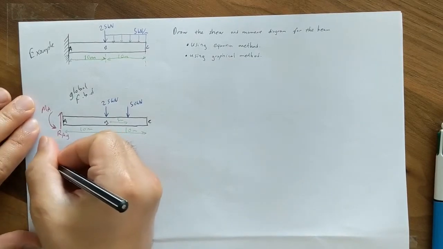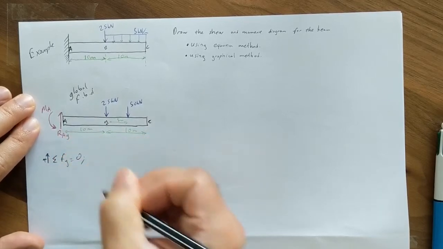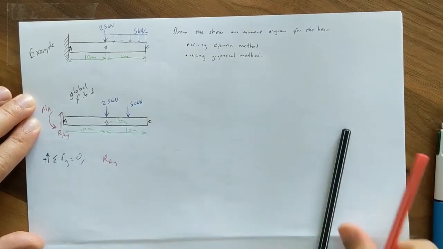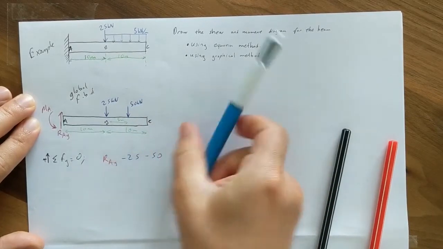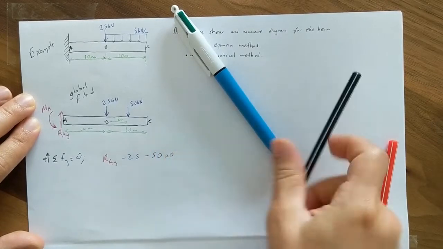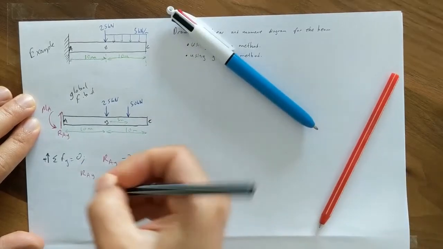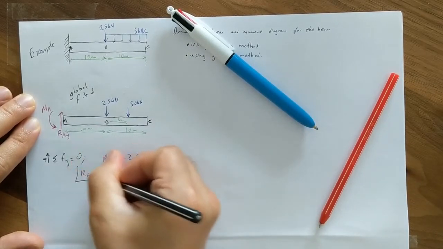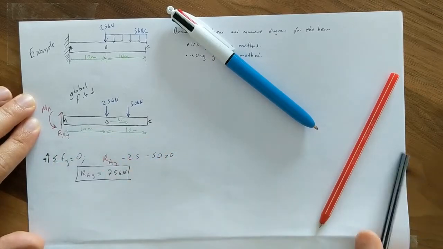Starting with the vertical force equilibrium equation, we have RAY minus 25 minus 50 equal to 0, therefore RAY is equal to 75 kilonewton. Result is positive, therefore this direction is true.